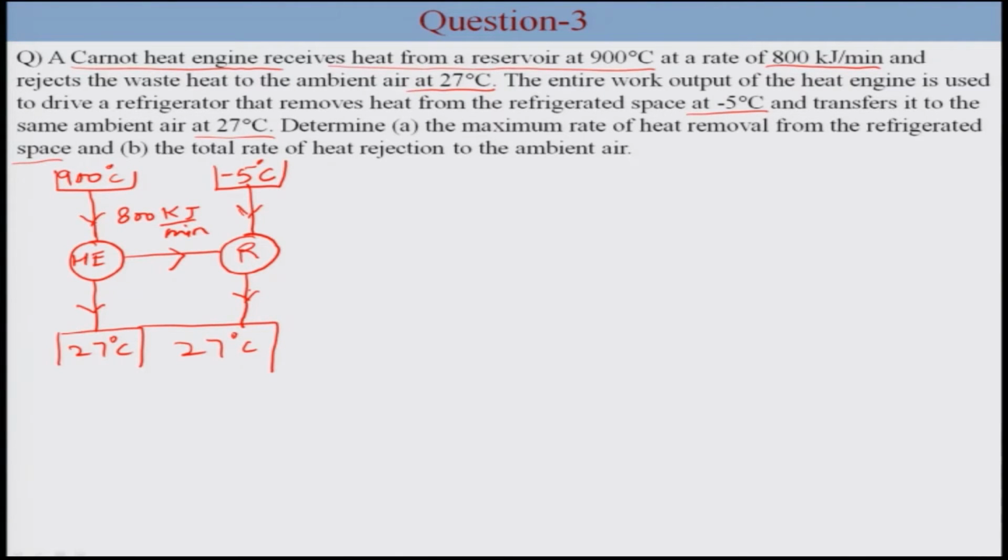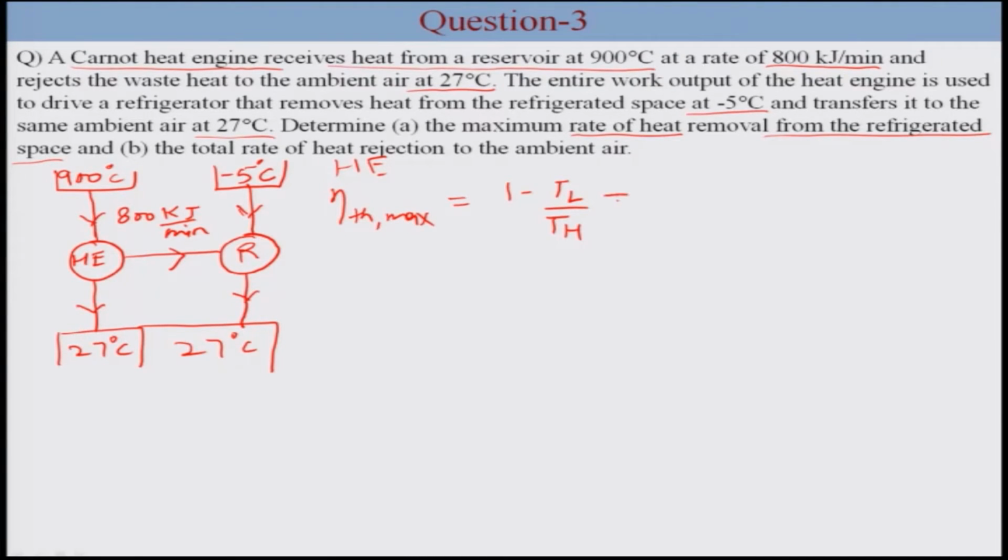Now we have to determine the maximum rate of heat removal from the refrigerated space. So assuming that all the processes operate steadily, for the heat engine, maximum thermal efficiency is equal to 1 minus TL by TH.